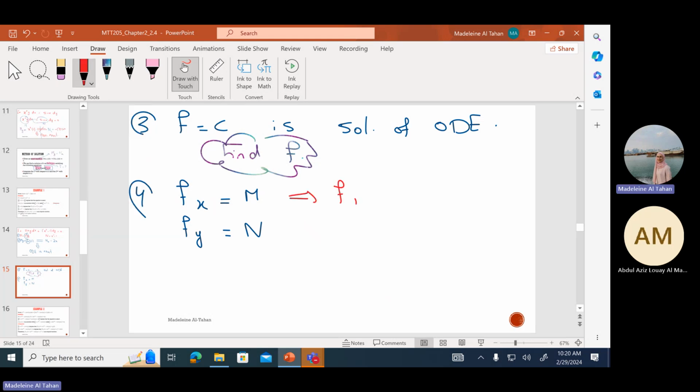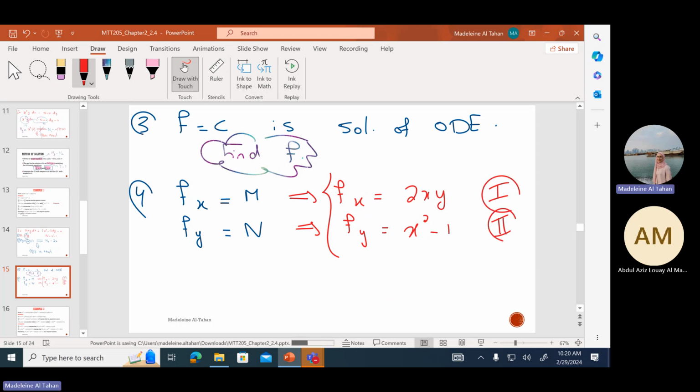Okay, give me M, please. 2xy, okay, and N. Okay, this is equation number 1, and this is equation number 2. Go again through these steps, step 3 and 4, and let me know if everything is okay or not.